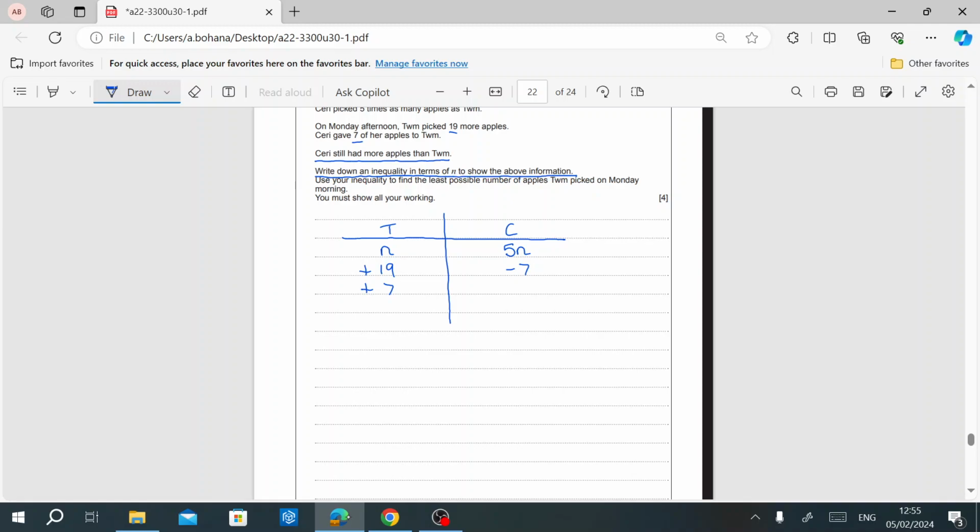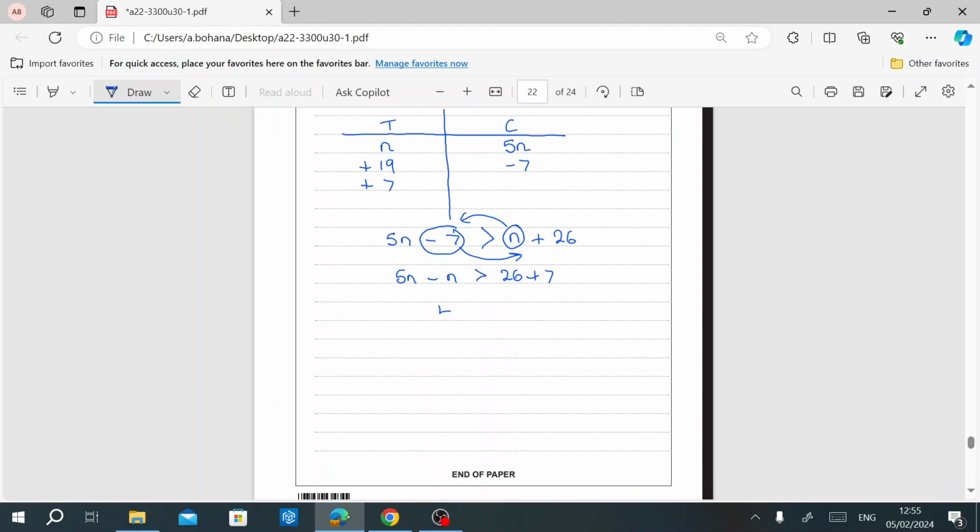So what we need to do now is just tidy all this up. So we know that 5n minus 7, Kerry still had more, is greater than n plus 26, which was for Tom. Now solve this. Bring the n across. Bring the minus 7 across. So 5n minus n is greater than 26 plus 7. 4n is greater than 33.